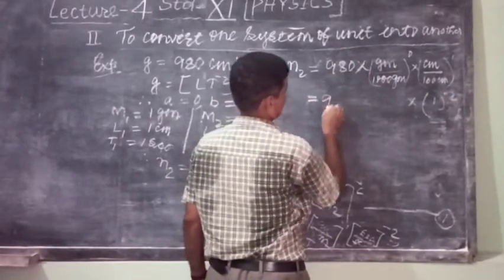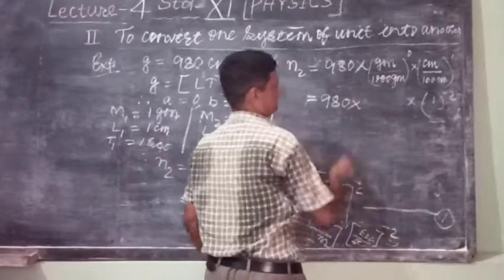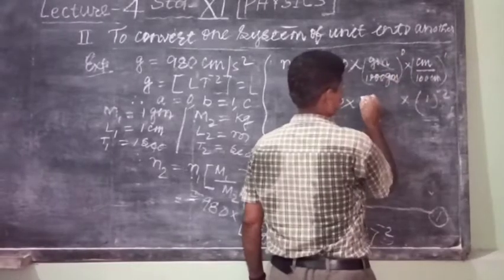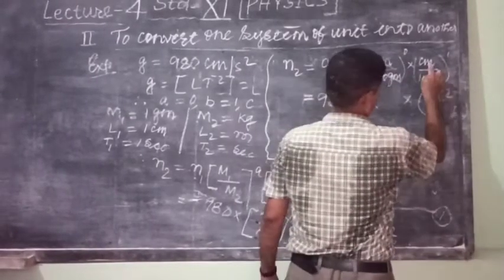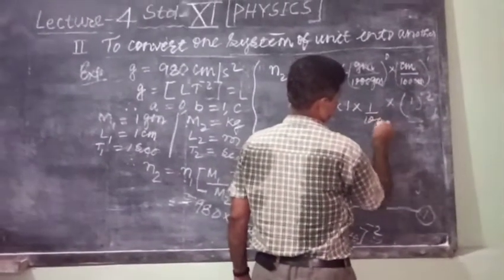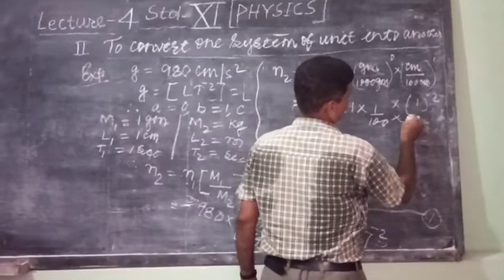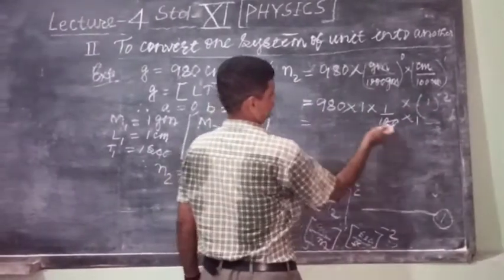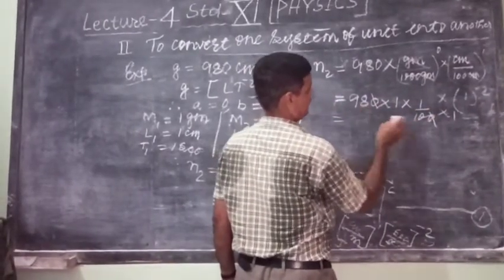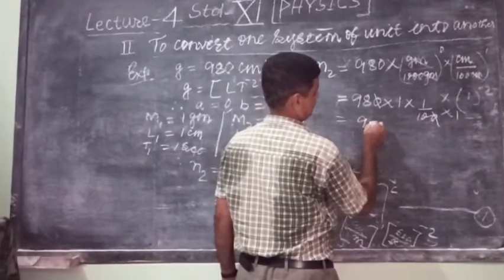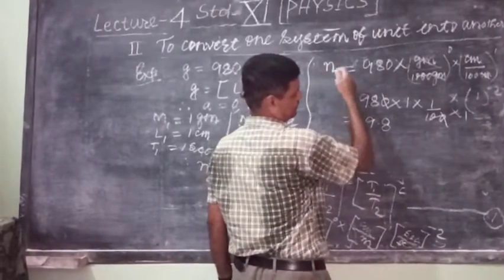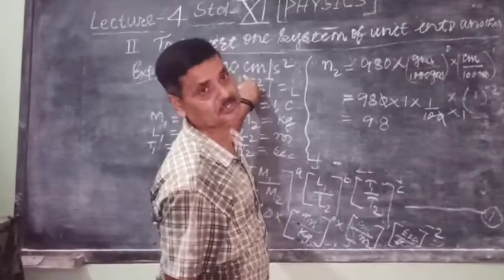We are very close to the answer. 980, this gram cancels and this by this to the power 0 will be numerically 1. Centimeter cancels, 1 by 100, and this will be only 1. This 0 cancels, 98 by 10, so it will be 9.8.